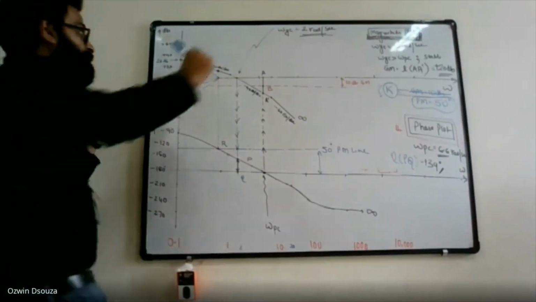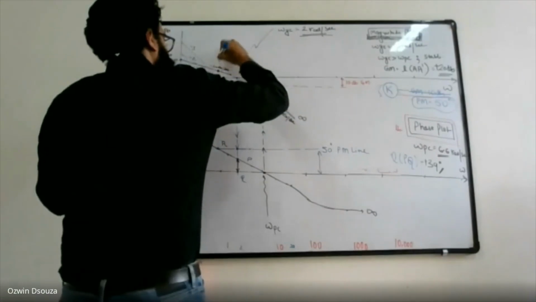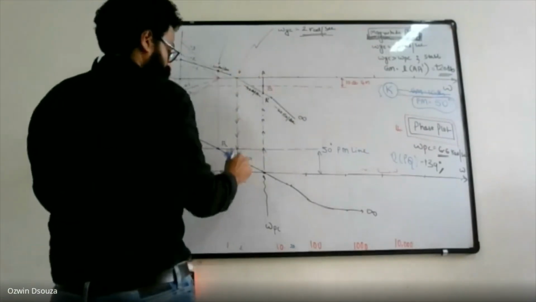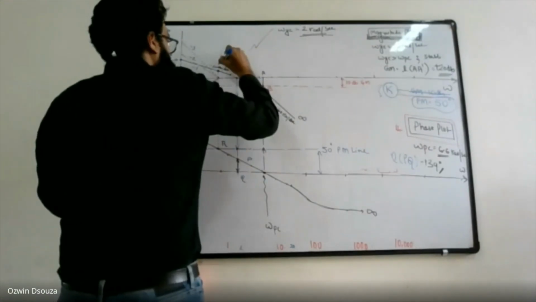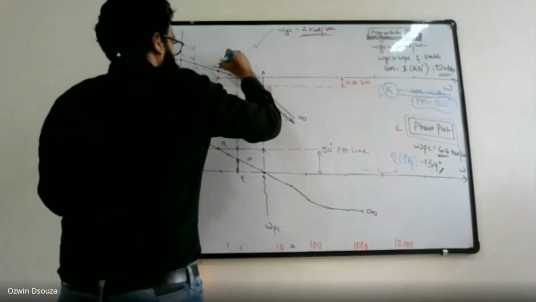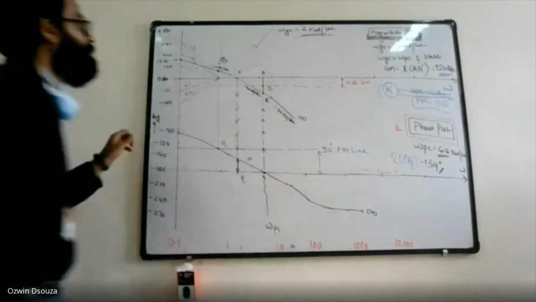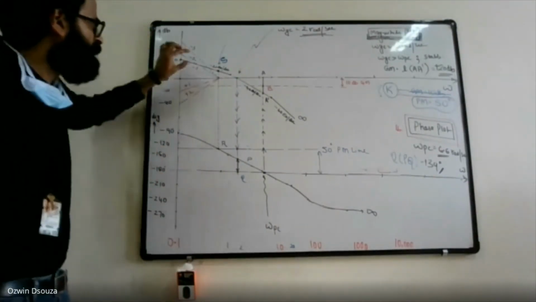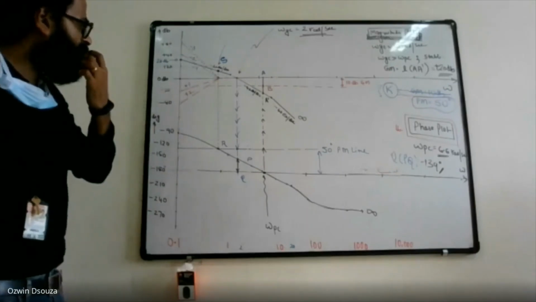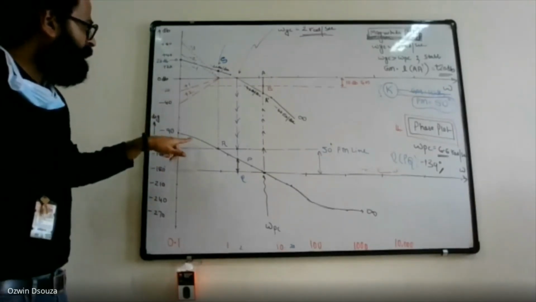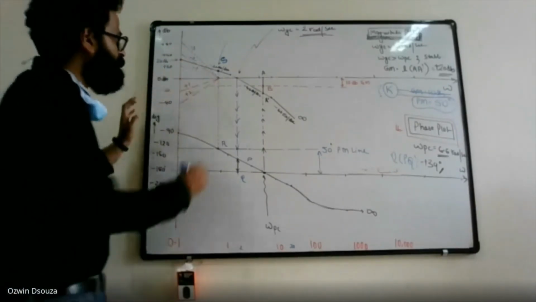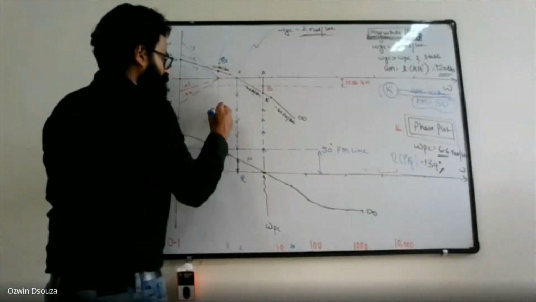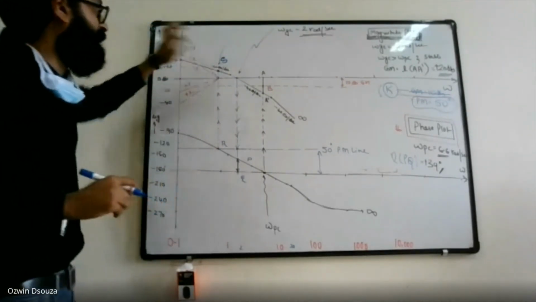Right. Now let's say this point as point S. Okay. Now if you look at the magnitude plot, you would see that the intersection point with the magnitude plot is at S.